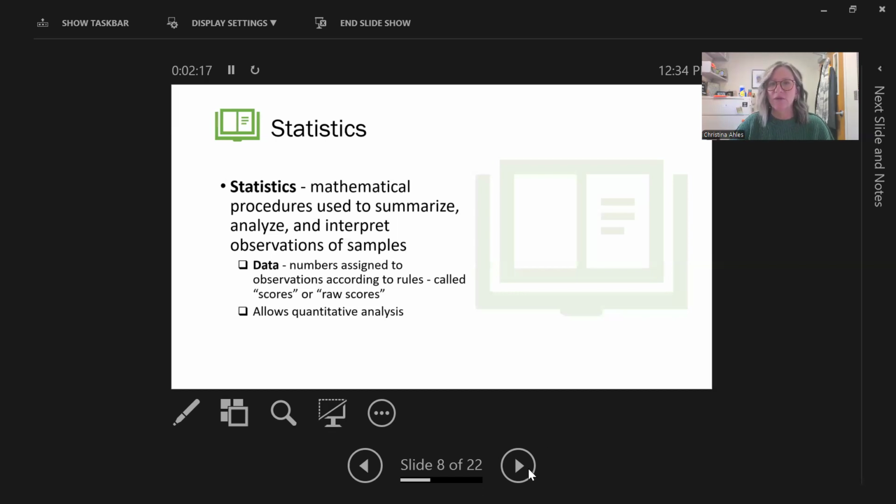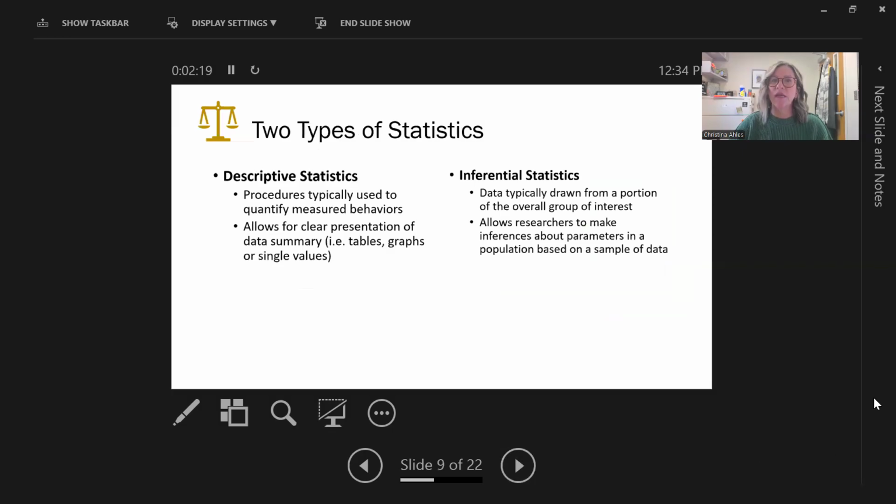So let's go into a little bit further detail. We're going to look at two different forms of statistics. We have descriptive statistics and we have inferential statistics. At the beginning of this semester, you're going to be focusing on descriptive statistics mainly. Descriptive statistics are exactly how it sounds. These are mathematical procedures that help us to quantify observations or behaviors.